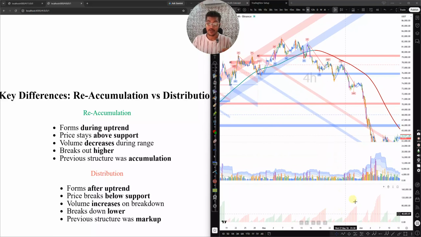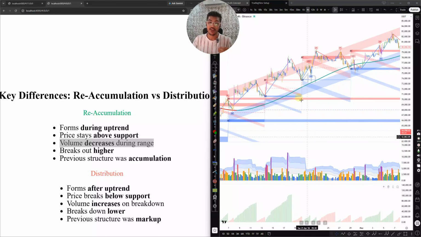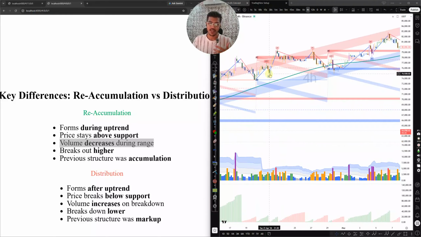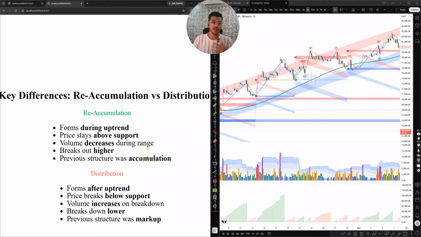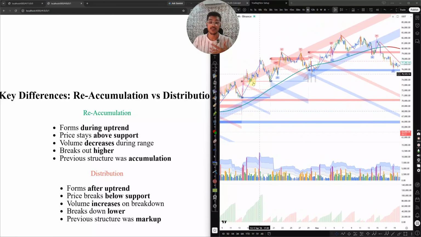Here you see volume increases on breakdown, but in reaccumulation, volume decreases during the range. You see, during this range, volume decreases on the downside, right? It's much smaller than the up wave. You see on this one, it's a very small wave. And in distribution, price breaks down lower, while in reaccumulation, price breaks out higher. You see, breaking out higher, right?